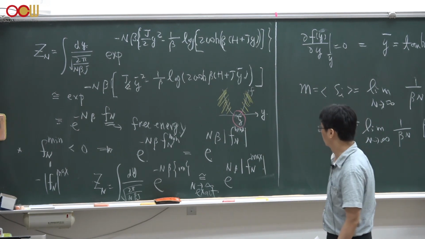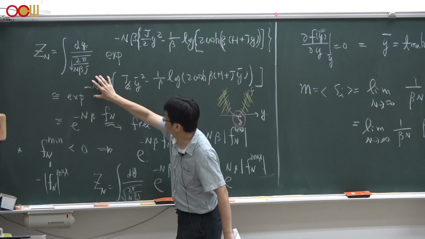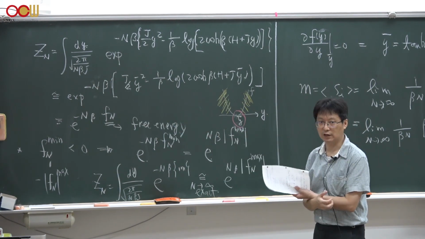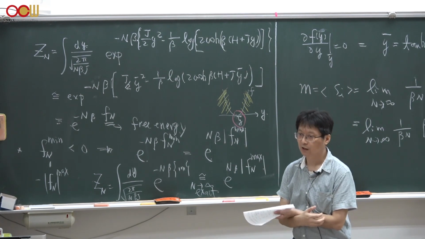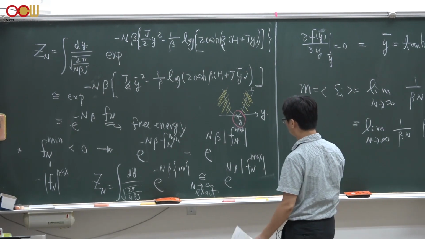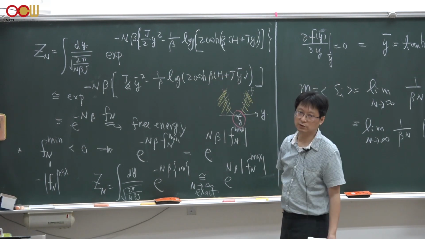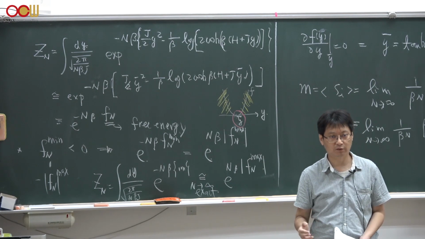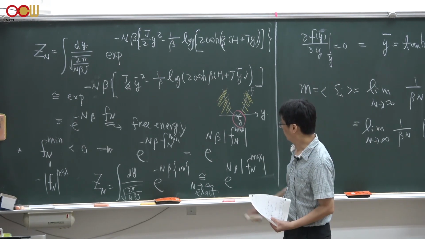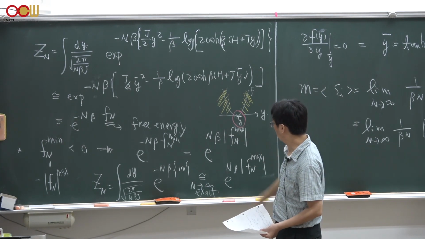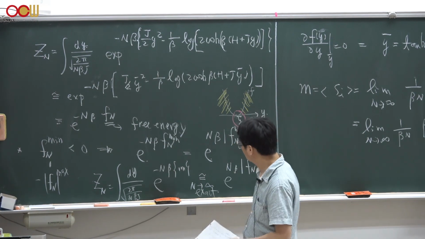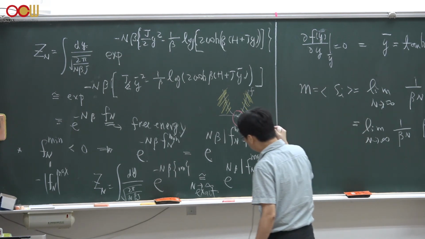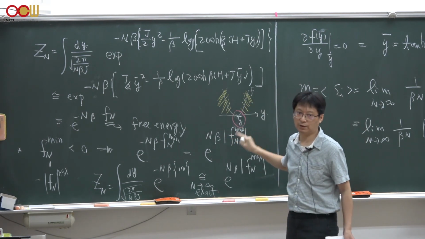In other words, the exponent in the exponential function of the partition function is a positive value, and as a result it gives the leading order contribution to the integral over dy. That is the reason why we call this model exactly solvable in the thermodynamic limit. We simply forget about the other contributions from other y values, and look at just the partition function at that saddle point y bar.